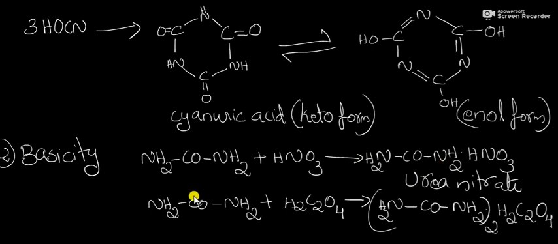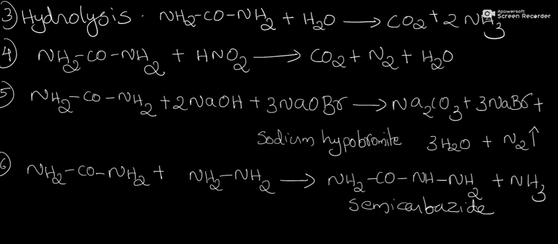Then another reaction is reaction with oxalic acid. We get urea oxalate, (NH2CONH2)2·H2C2O4. Again, that is a white crystalline solid, so we can use it in our practical labs. Next is hydrolysis.